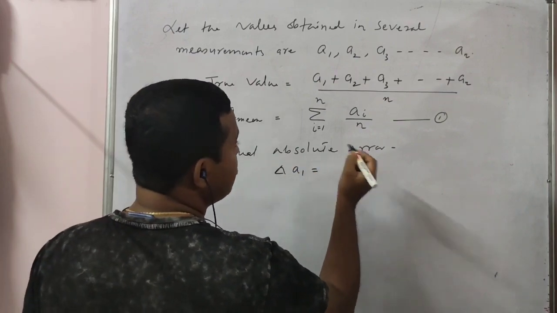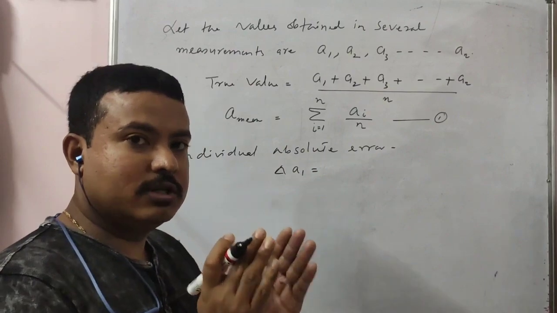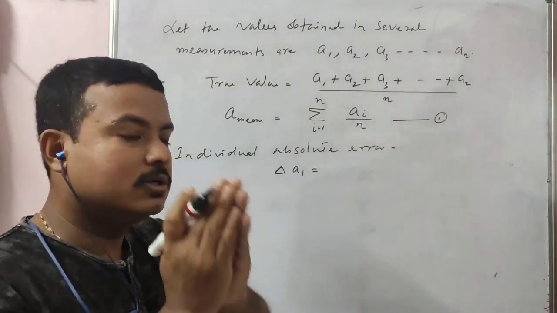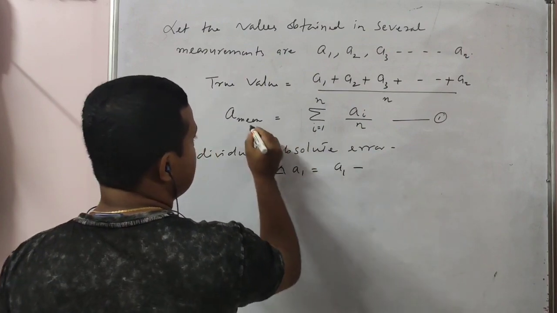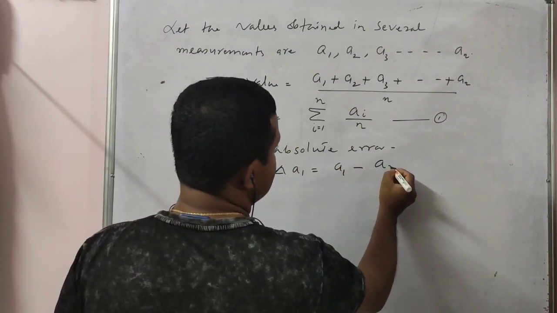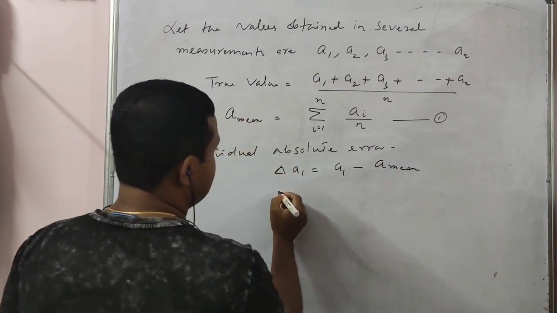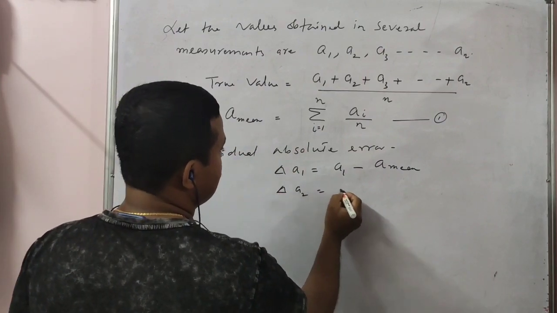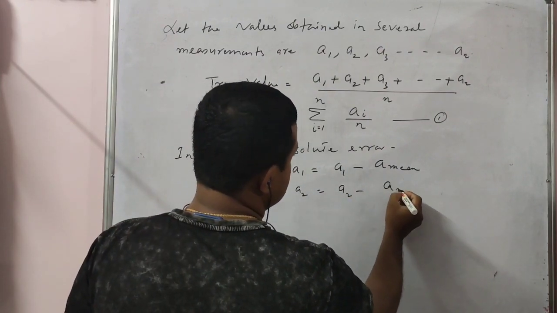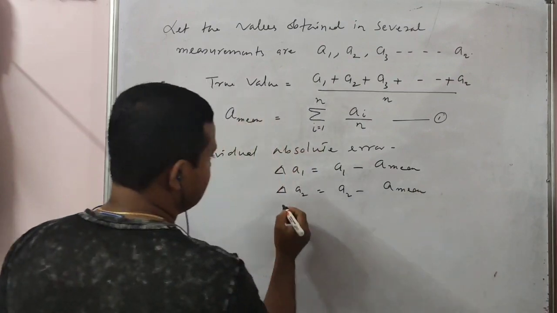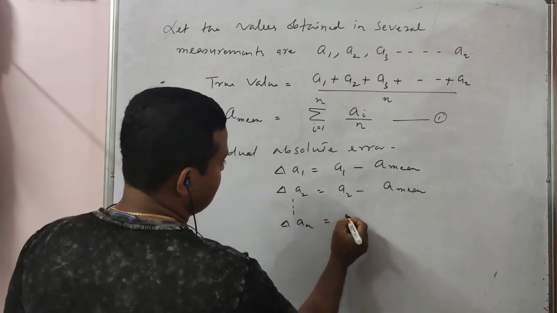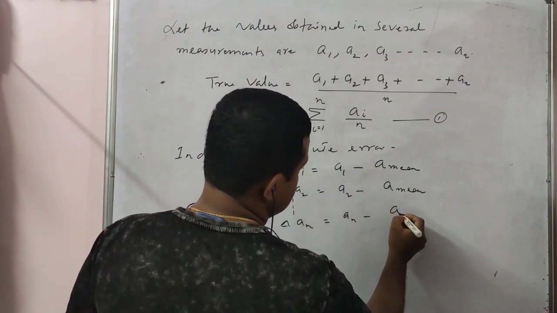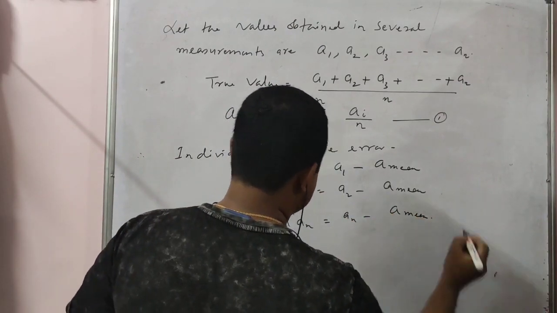You know what the absolute error is? Difference between the measured value and the true value. So measured value A1, true value is A mean. Delta A2 will be A2 minus A mean. Similarly delta An will be An minus A mean.